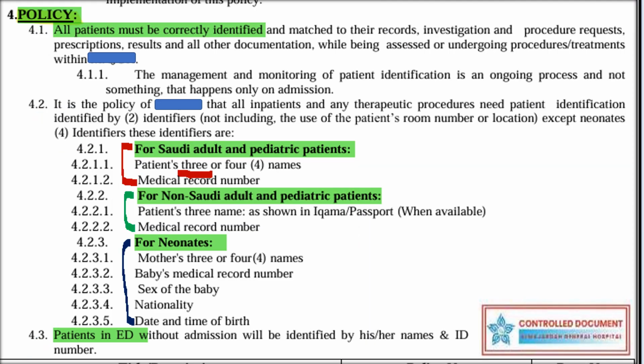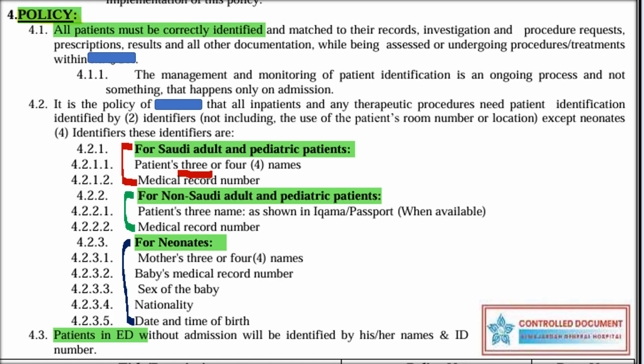Okay, for clarification, please take note, quality nurse coordinators and supervisors of the nursing department: please continue to coordinate with the quality department, and for any update, please include it in our monthly unit meeting so that we can finalize the details of correctly identifying our client. Now, the policy states that in identifying a Saudi client and a pediatric patient, we will be using the 2 patient identifiers like the patient's 3 or 4 names and the medical record number, and for non-Saudi, we will be using 3 names and the medical record number.